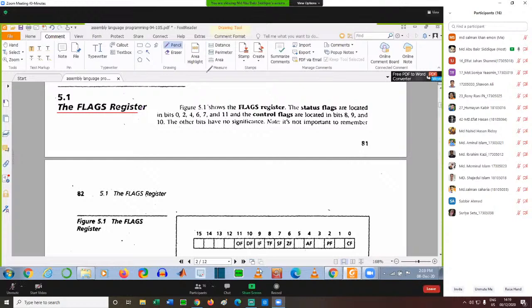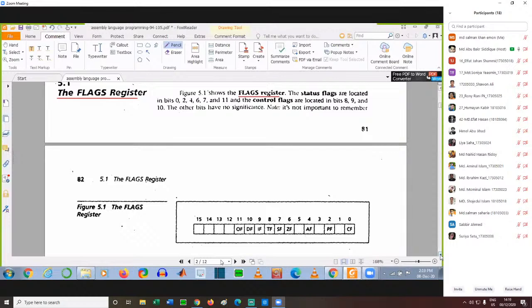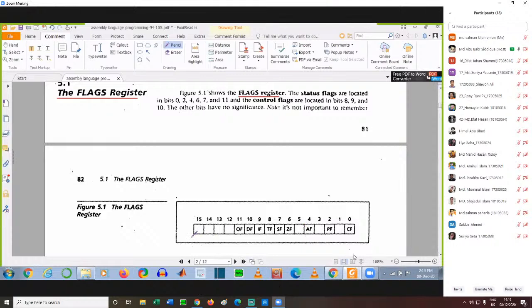You can see here in figure 5.1 the flag register. This is the figure of the flag register. It is a 16-bit register, and each and every bit indicates a flag.